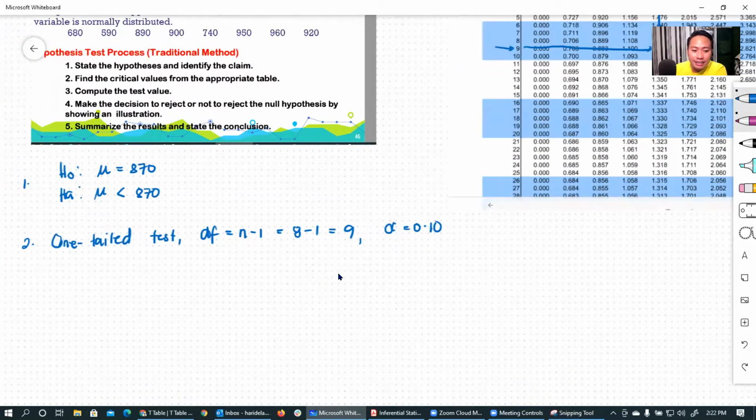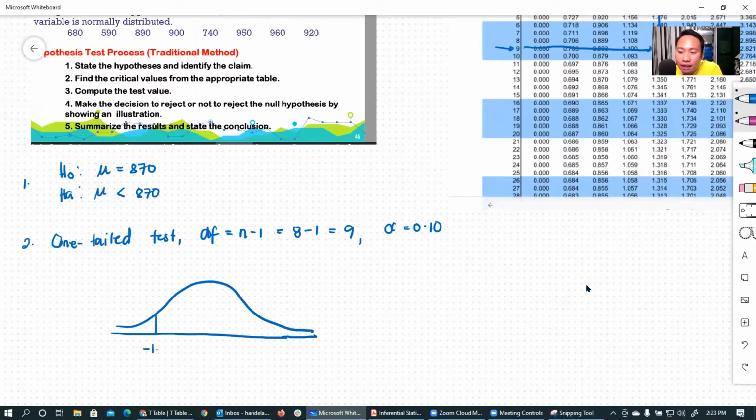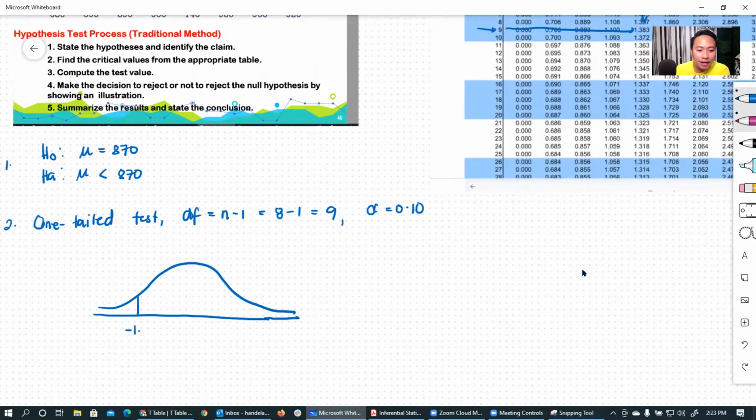So since this is on the left side of the graph, it should be negative 1.383. Okay, so here. There you go.